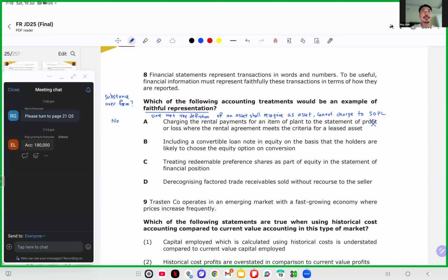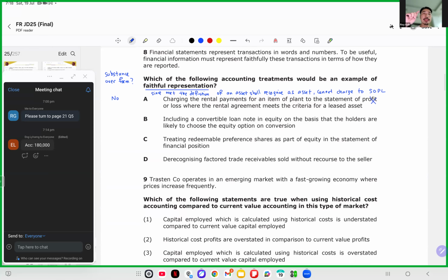Earlier, what did we see? We saw on page 138, if it's a convertible bond, it is a debt now, that in the future may be converted to an ordinary share. So you cannot call it an equity or a debt at the point it's issued. Instead, you have to call it both debt and equity.